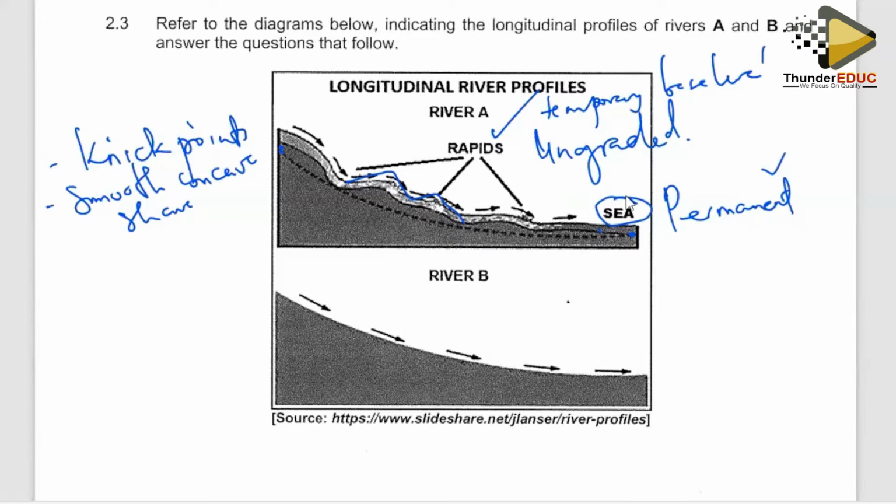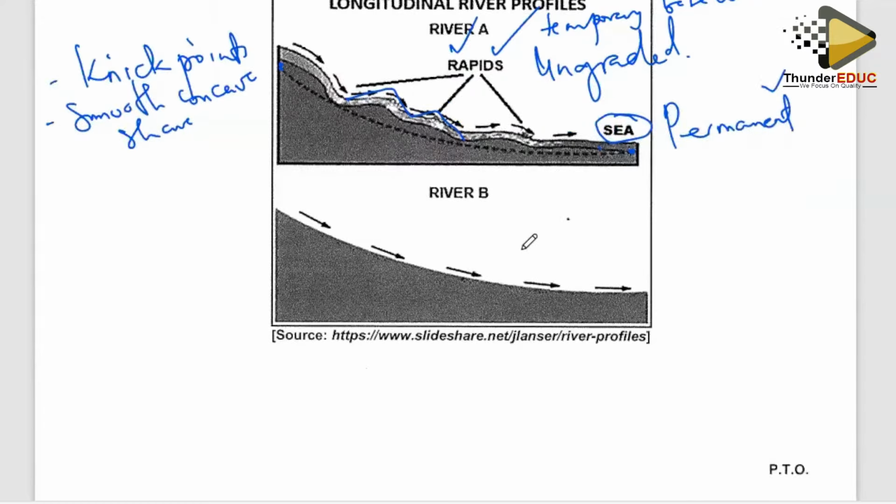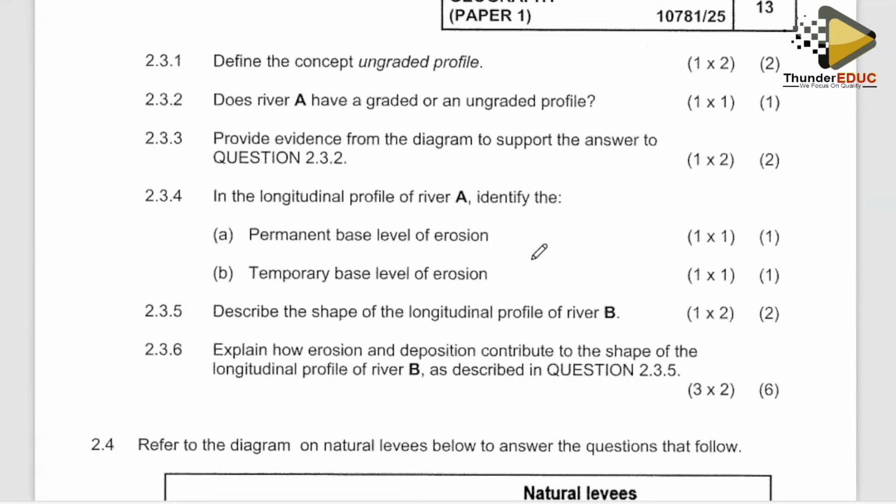And then the temporary, these rapids here, they are temporary base levels. The rapids are temporary, or the nick points. We have these rapids creating sharp gradients, which are nick points. Those are temporary base levels of erosion.